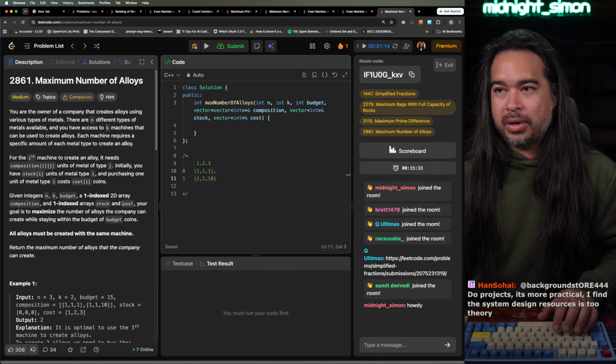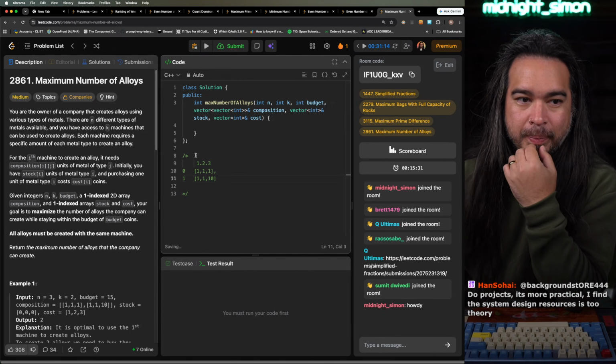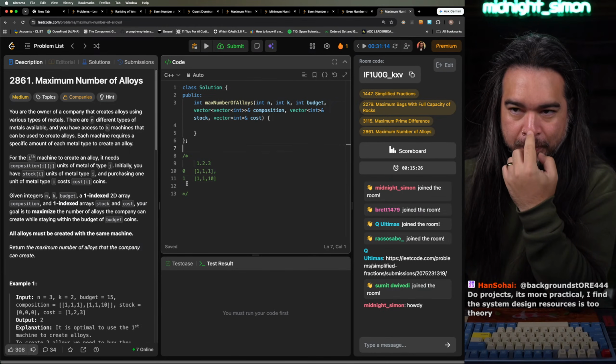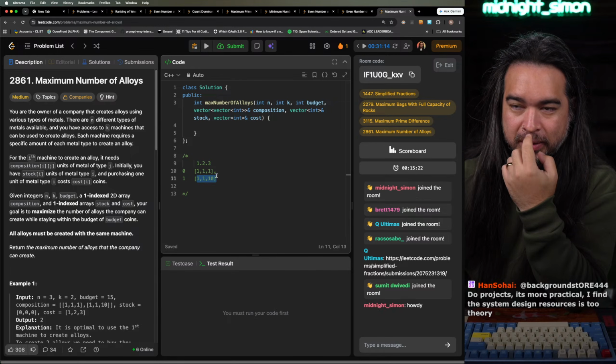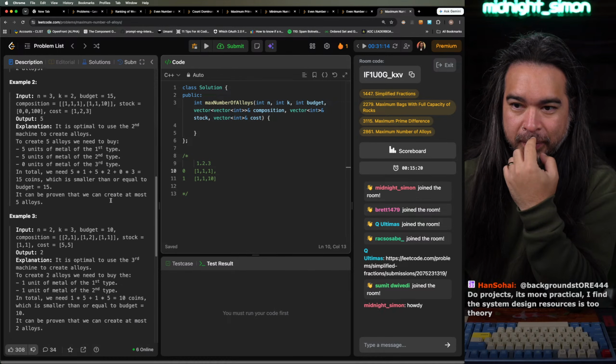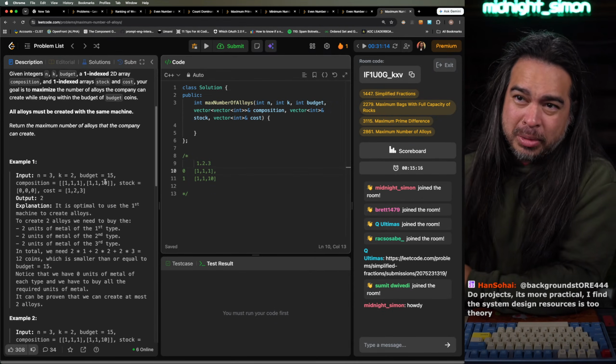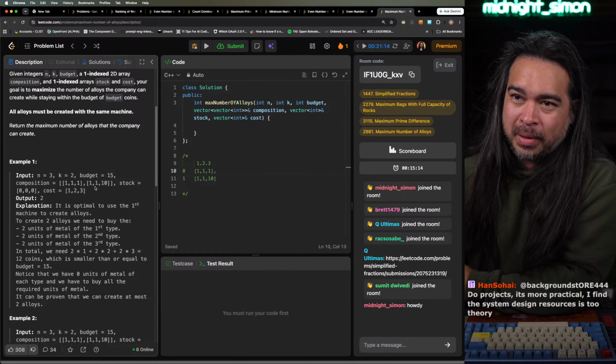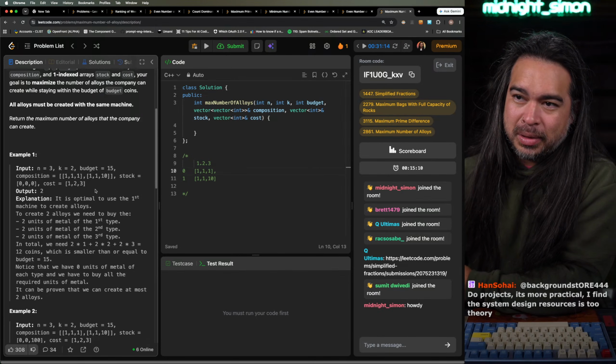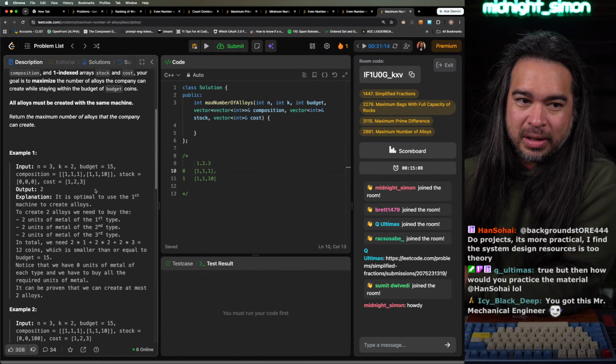So machine 0 and 1. So which alloys should we be making, basically? I could probably do this problem, man. But it's a lot. It feels like a lot.